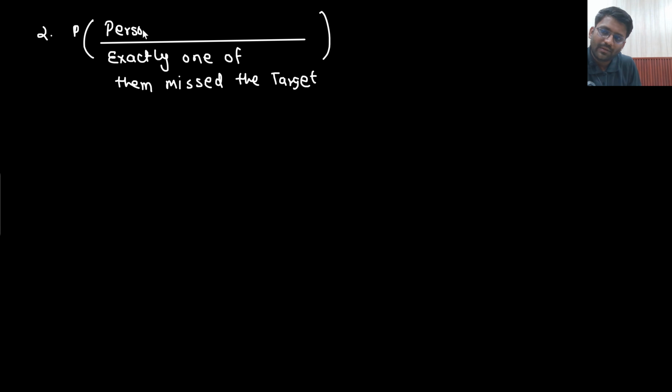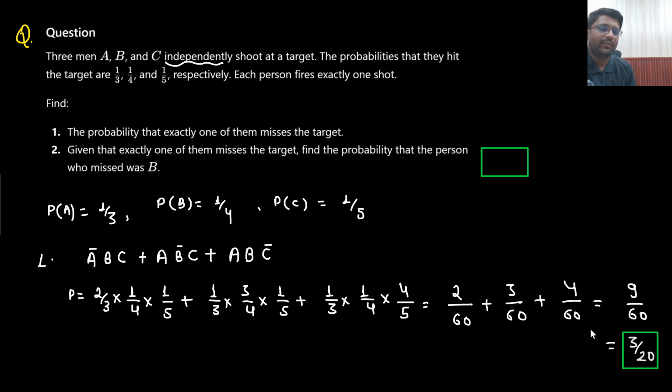So the person who missed was B. This is what we are supposed to find out, right? So what would that be equivalent to? It is simple conditional probability. We will not go into the probability flow diagram.